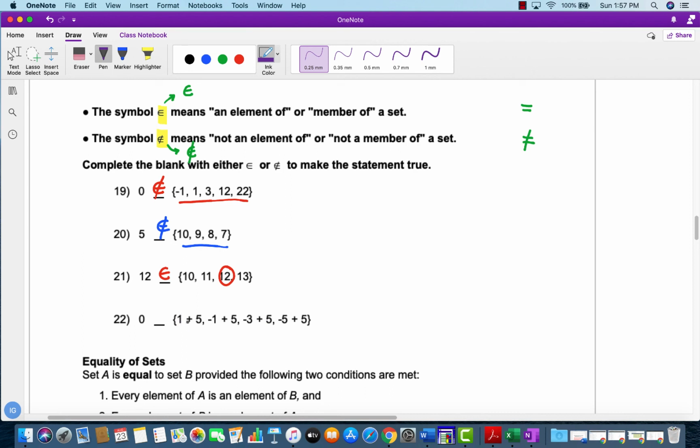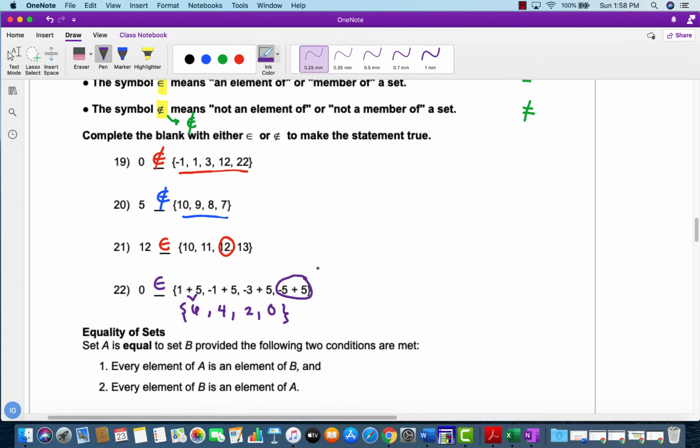Because this is 1 plus 5, and we know that's 6, and so on. So the question is, is 0 an element of this? So we have 4, 2, this is 2, and this is 0. So it turns out the 0 is actually part of this set. Because of this here, this makes it a 0.